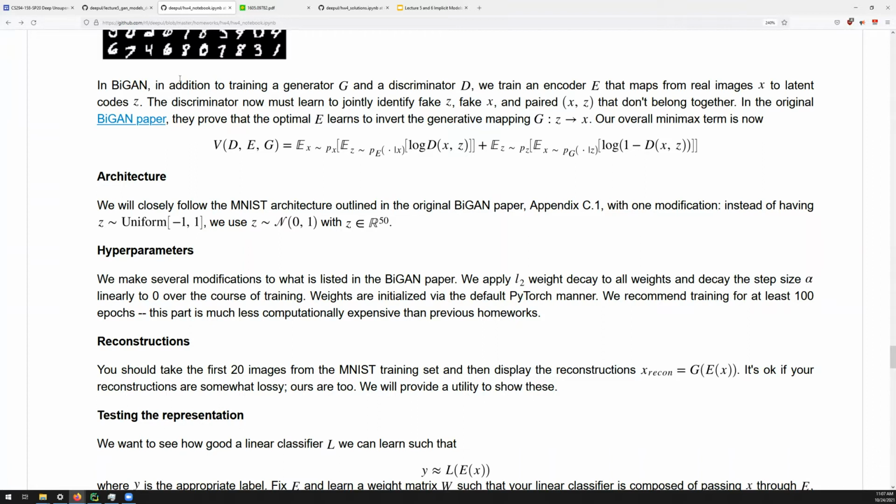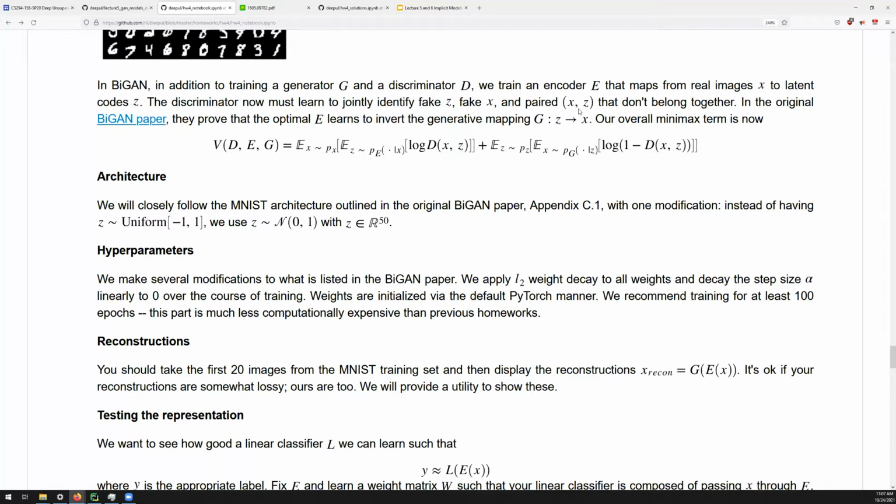The change is that the discriminator must now learn to jointly identify fake Z and fake X. Instead of just receiving the image and saying whether it is a fake image or not, it now gets a tuple of the image and the latent variable, so it has to determine it from both.